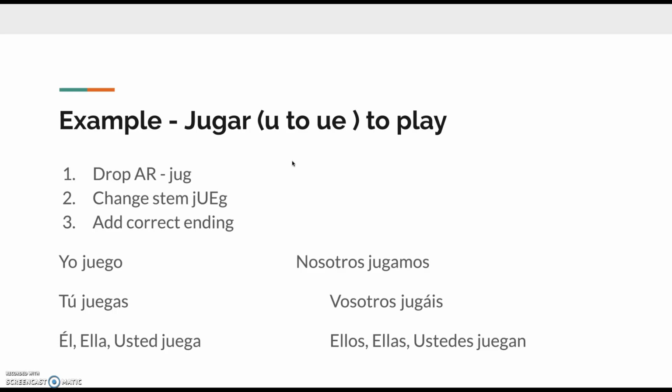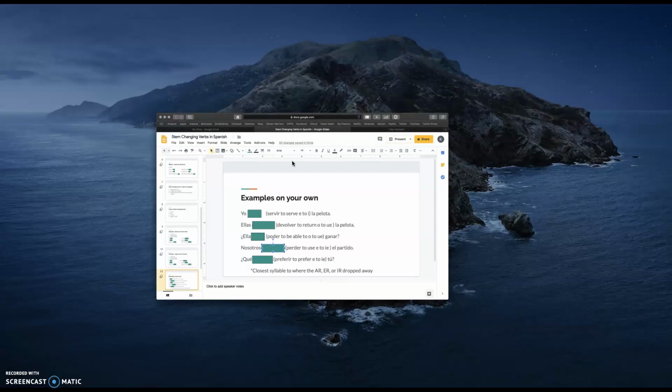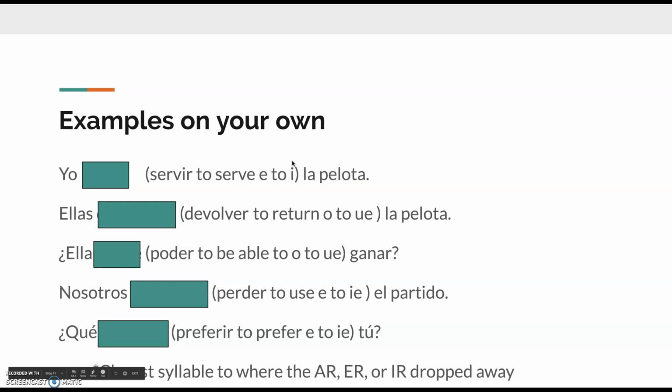Bien. You ready to try some on your own? Here are your examples to try on your own. Notice that you have your subject and the verb telling you its meaning and how to change its stem.